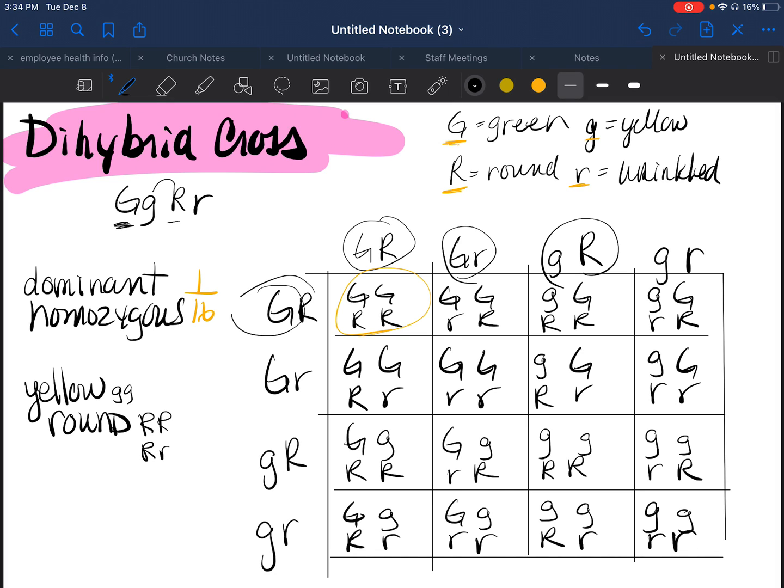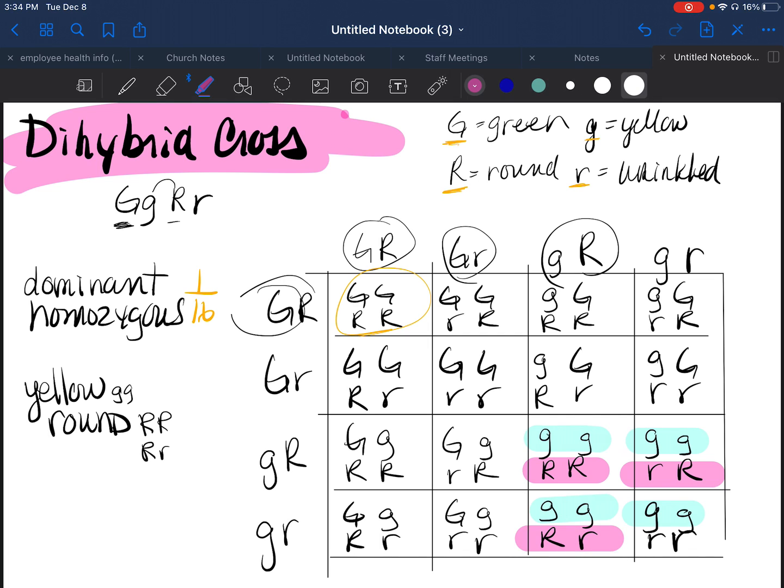You can go about this a couple different ways, but you can look for them one at a time. So say we're going to look for all the little g's and highlight those. Okay, so those are all the ones with the little g. But then of those ones with the little g, which ones are going to be round? So that would be this guy, and this guy.